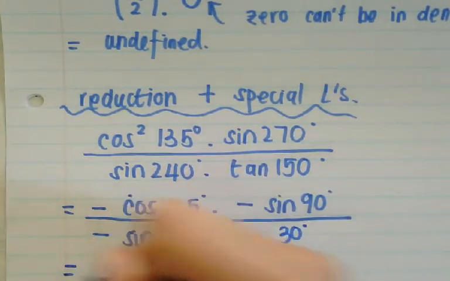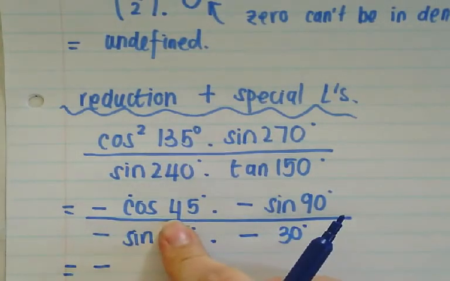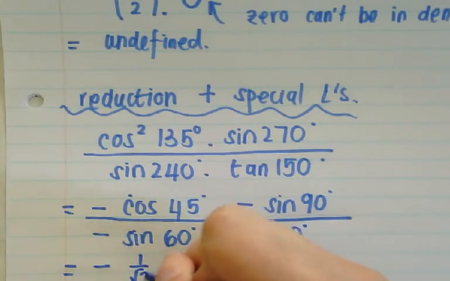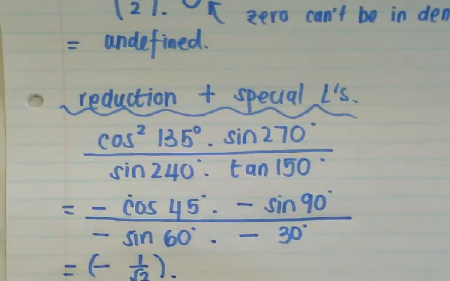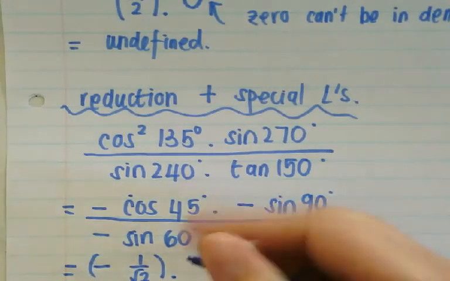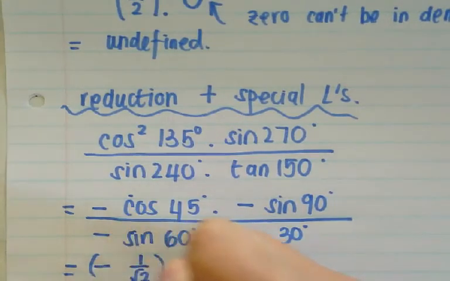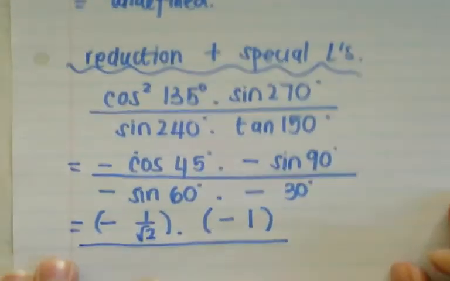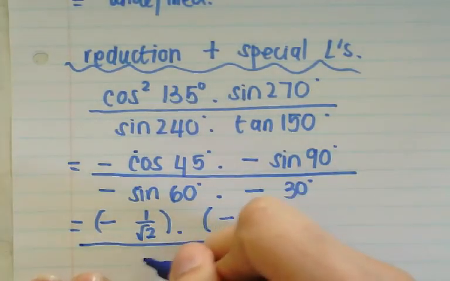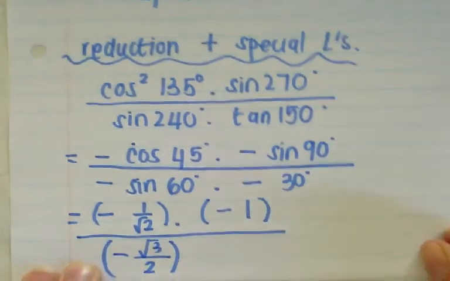Special angles. So this would be negative from the negative. Cos 45, which is 1 over square root 2. So protecting that negative. Negative sine 90, so sine 90 is 1, with the negative would be negative 1. Sine 60 is square root 3 over 2, but it is negative, so leaving the negative there.